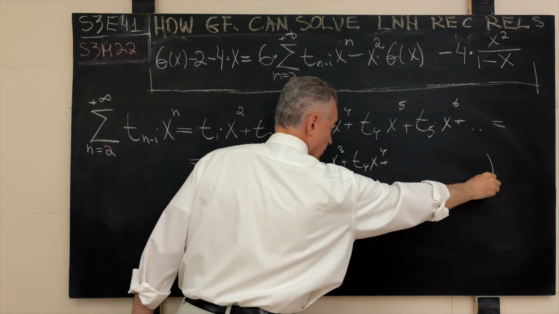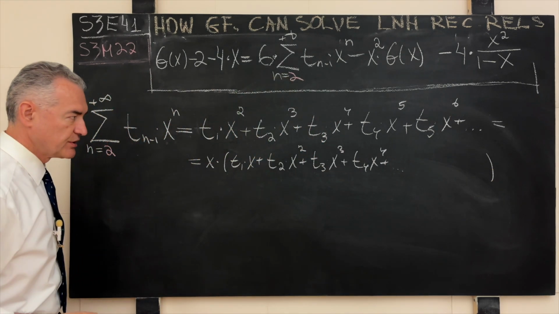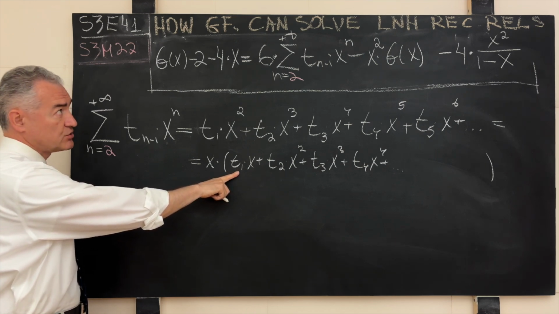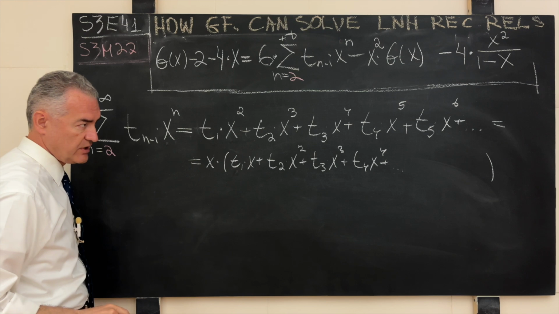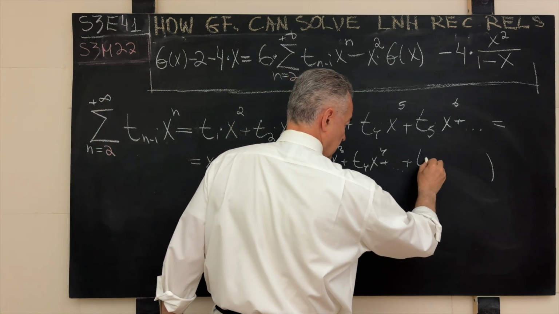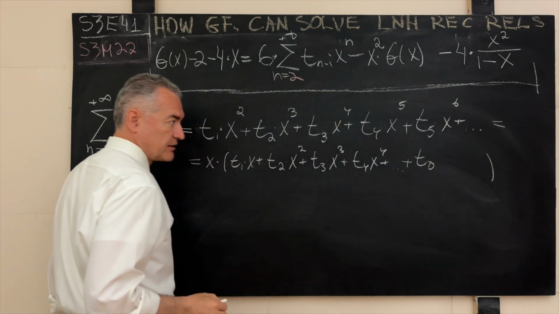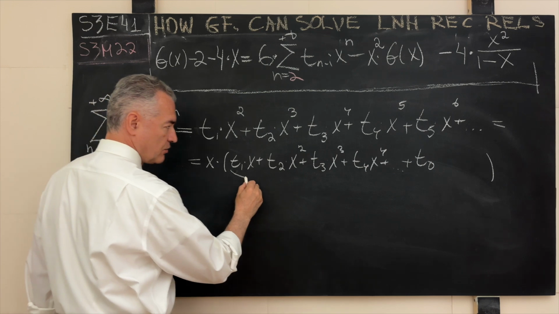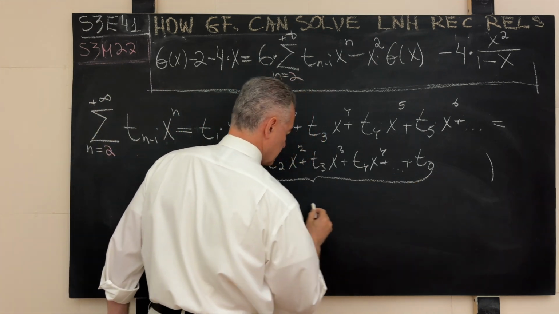And what is this? What do we recognize in this expansion? Well, this is a partial expansion of our generating function g of x, which is missing what? If we add the initial value of t0 to it, then this will be our function g of x.